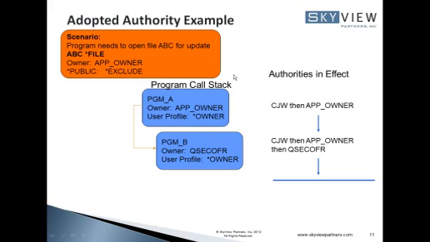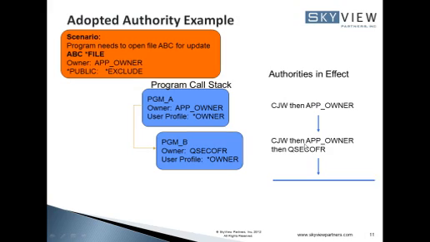So when the action is trying to occur, if CJW doesn't have sufficient authority, it checks then to see if application owner has authority. And the application owner authority comes from this previous program, so it will propagate that adopted authority down to the next level. So if application owner doesn't have enough authority, then it will check QSecOffer, and of course QSecOffer has authority, so it will be able to do whatever it wants to.